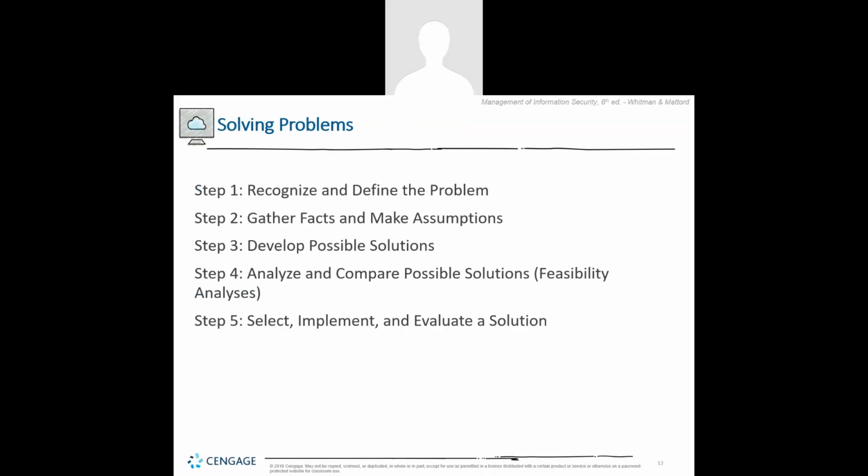The problem-solving process in information security involves these steps: recognize and define the problem, gather facts and make assumptions, develop possible solutions, analyze and compare possible solutions, which is also called a feasibility analysis, and then select, implement, and evaluate a solution.